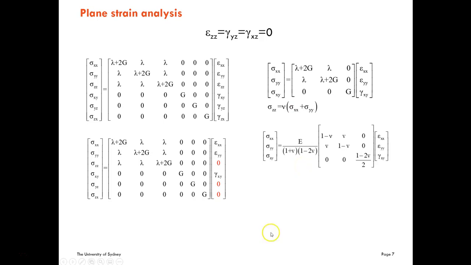Then we can invert this matrix and express the components of the strain in terms of the components of the stress, using this matrix that is nothing more than the inverse of this matrix. And we can use this matrix to solve plane strain analysis problems.